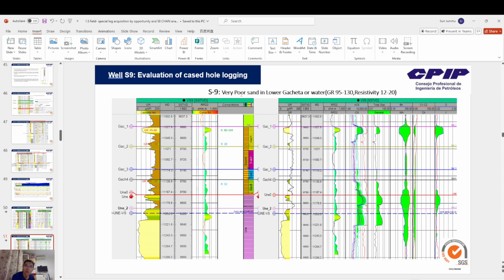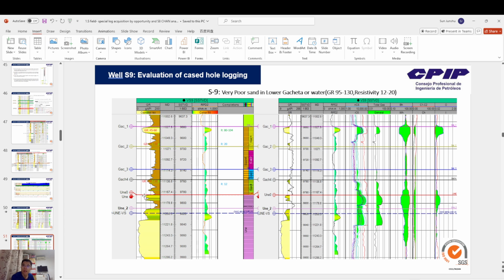S9, very poor sand in lower Gogeta. The gamma ray content 95 to 130. Resistivity is only 20.